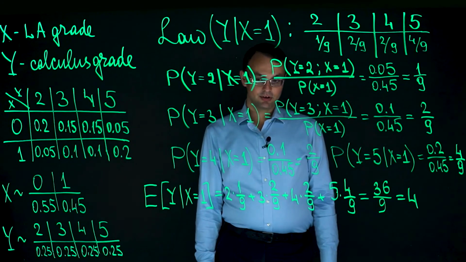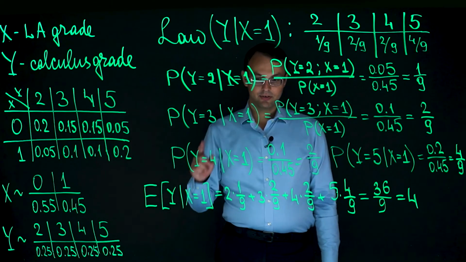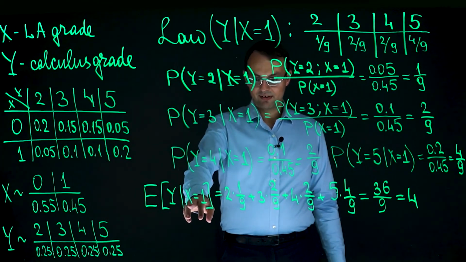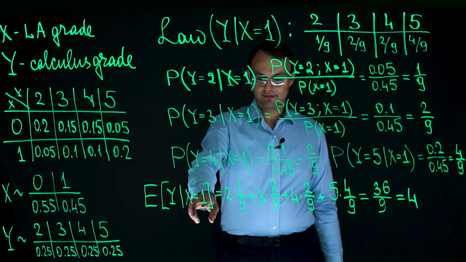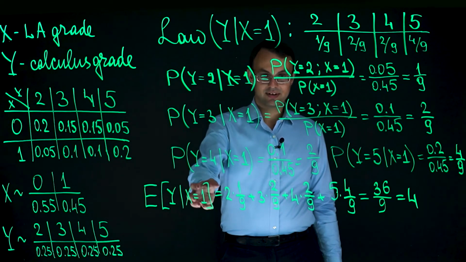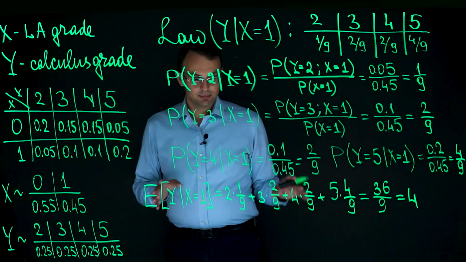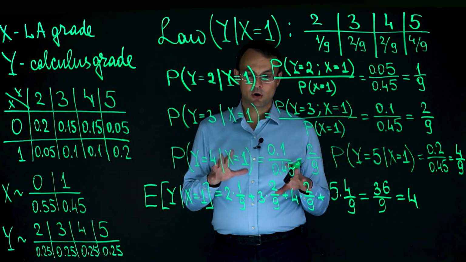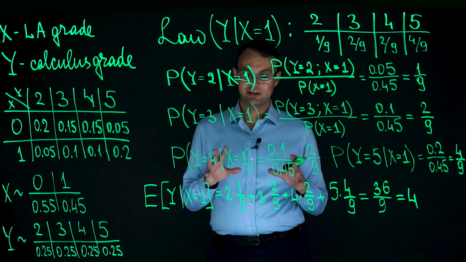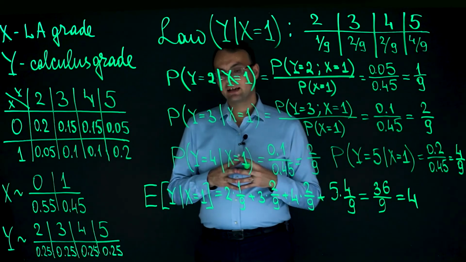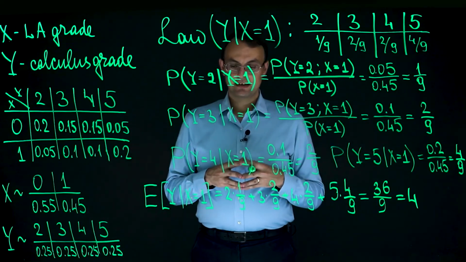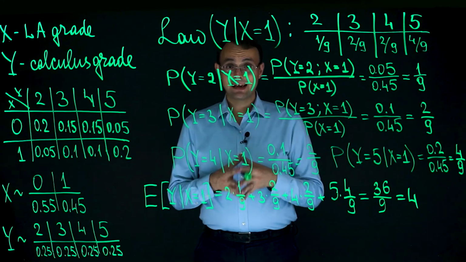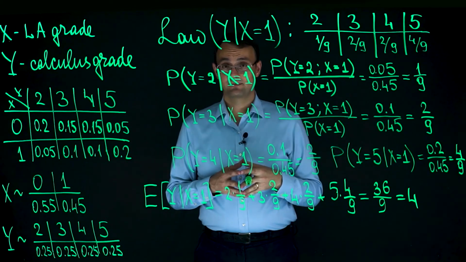Okay, so this is the conditional distribution when the value of x is given and is equal to a given number. But we can generalize this concept, the concept of a conditional expected value, and consider an expected value of y given that x is just small x.